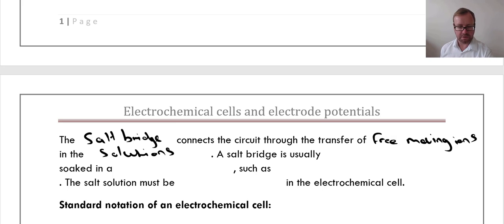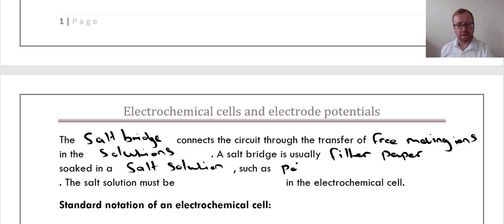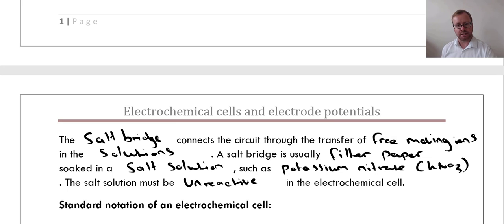A salt bridge is usually made from filter paper soaked in a salt solution, such as potassium nitrate, KNO3. The salt solution must be unreactive in the electrochemical cell.